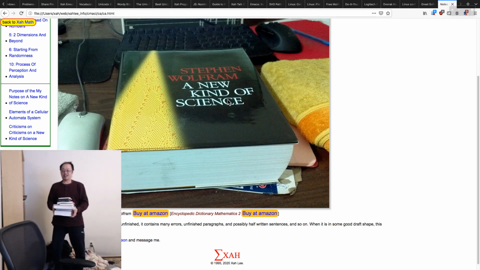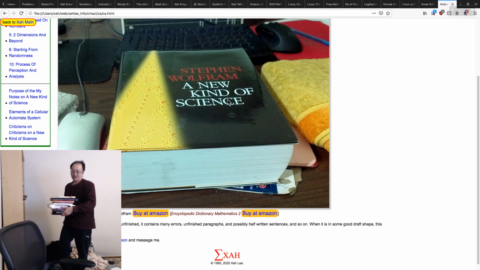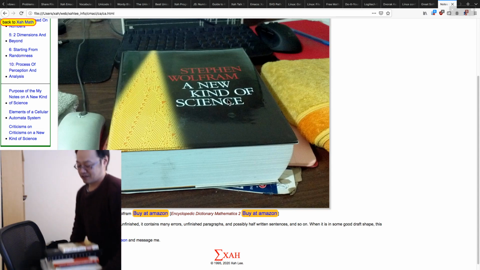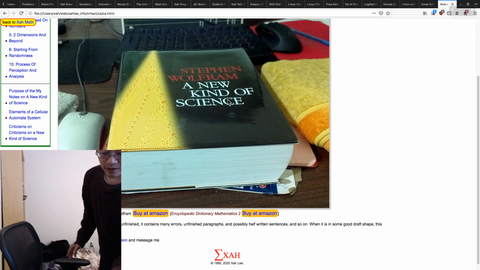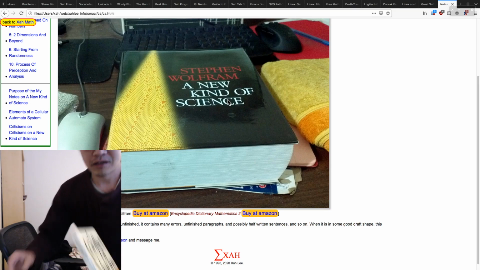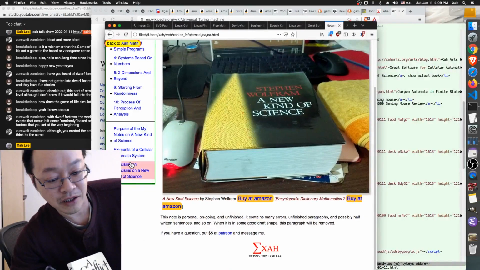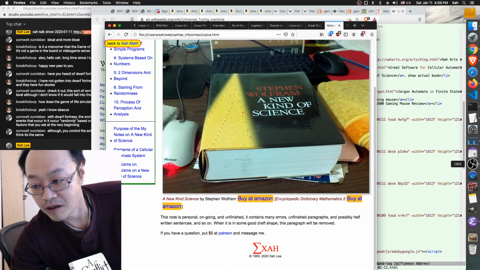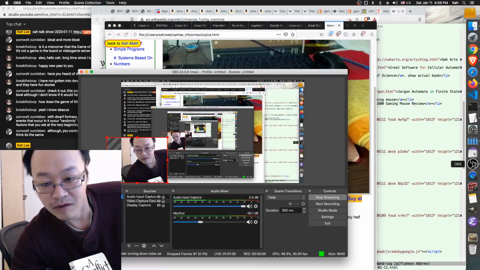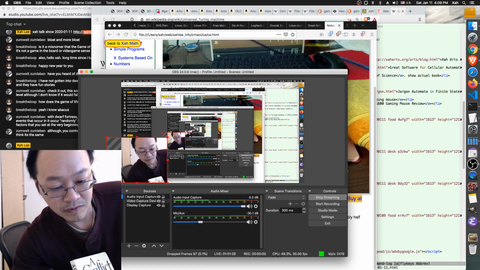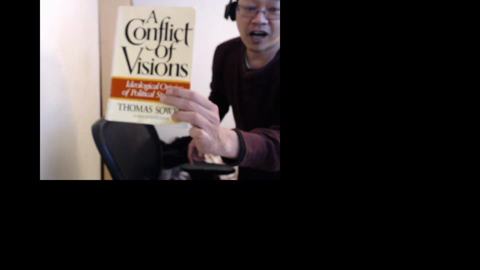My stack of books, heavy math books and stuff. And let me show you. A Conflict of Visions by Thomas Sowell.